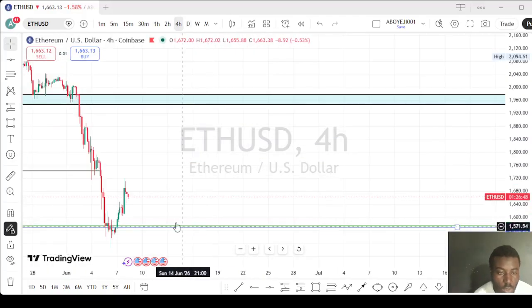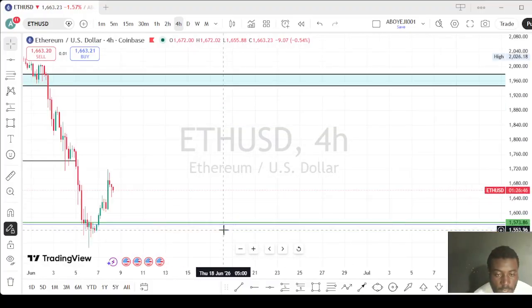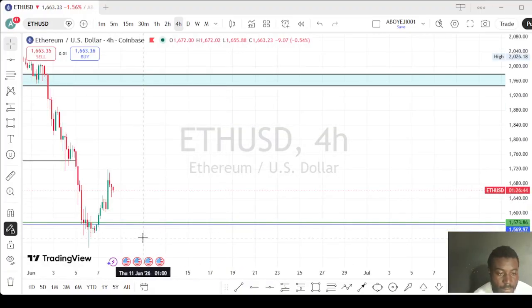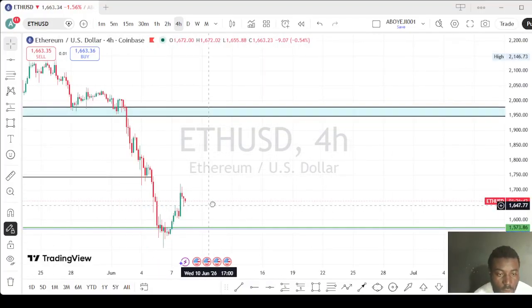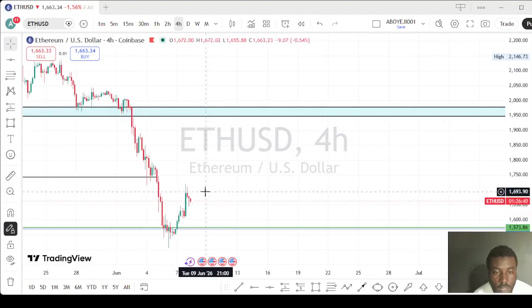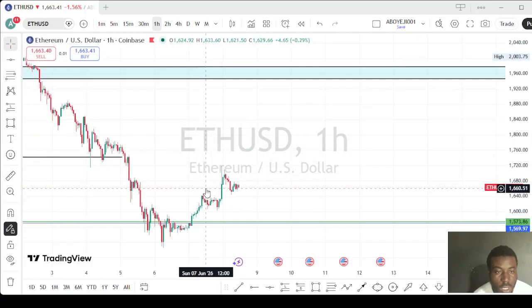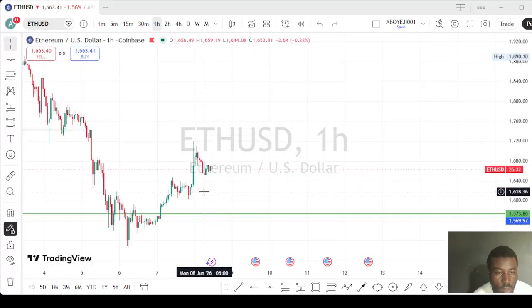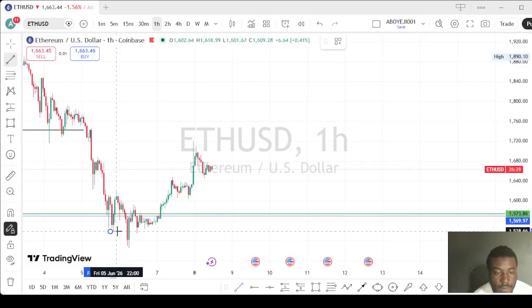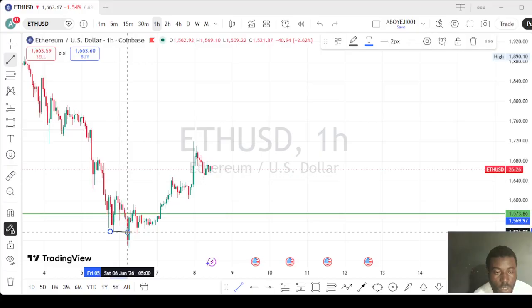So let's move to the 4 hour time frame. We can see a huge uptrend. This is the 4 hour time frame. This is a liquidity sweep, but this 4 hour time frame is not giving me the vibes. Well, let's see the 1 hour time frame. Let's see what the 1 hour time frame is giving us. This is an uptrend.